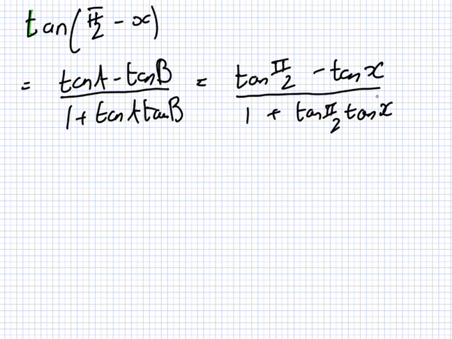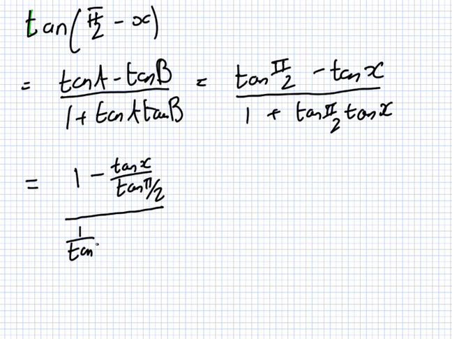Tan pi over 2 is infinite. The way we deal with that is we divide everything by tan pi over 2. So we get 1 minus tan x over tan pi over 2, all over 1 over tan pi over 2 plus tan x.